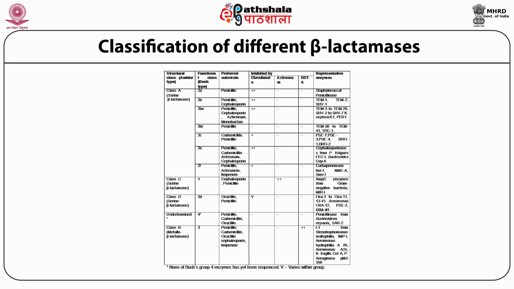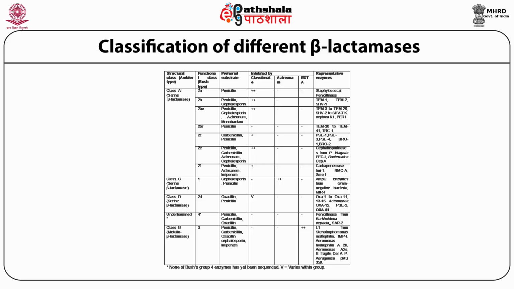So if you compare Ambler and Bush, you will find that class A beta-lactamases of Ambler are further divided into some classes of Bush et al. And different classes of Bush et al. have a specific substrate. For example, 2A has the substrate penicillin and they have different inhibitors. So the 2A class of beta-lactamases have the substrate penicillin but are inhibited by clavulanic acid, not by aztreonam and EDTA.